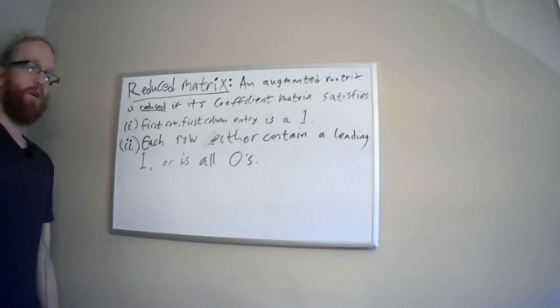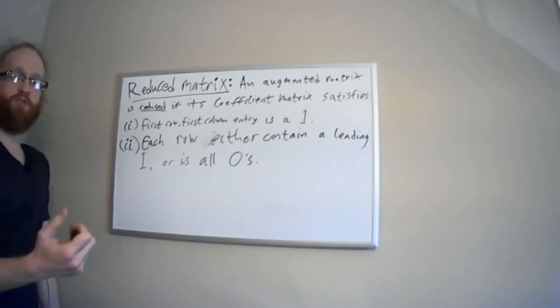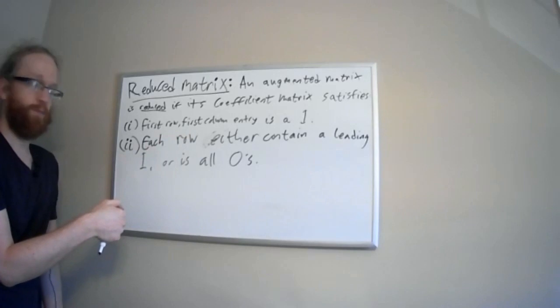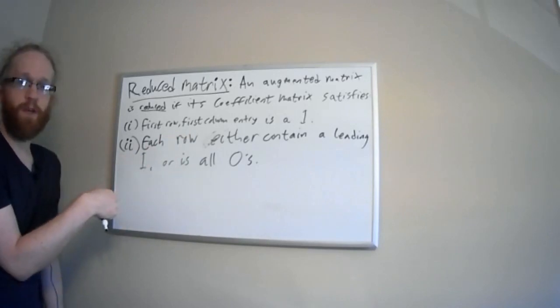So there's only 2 possibilities for the rows. They're either going to contain a leading 1 in them, or they're just going to be all zeros.